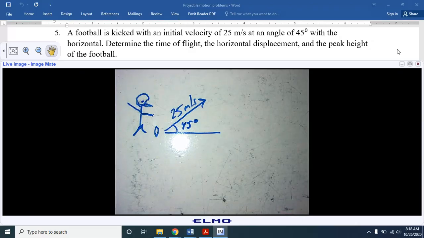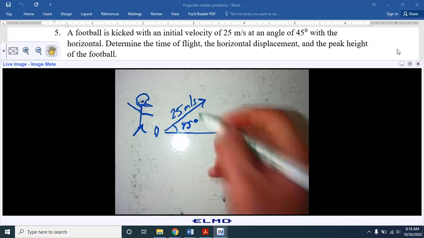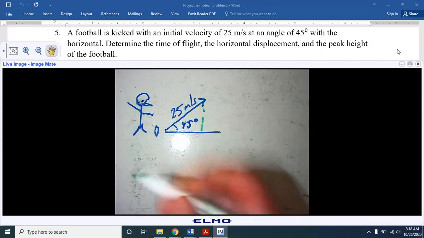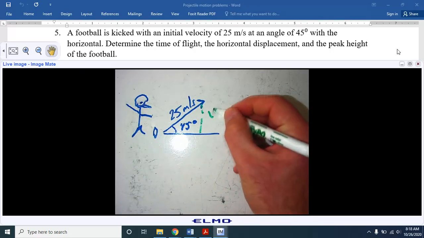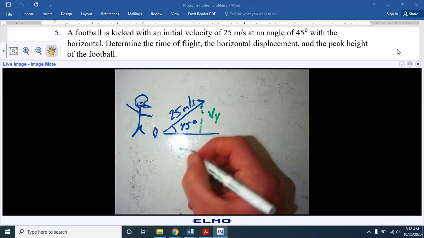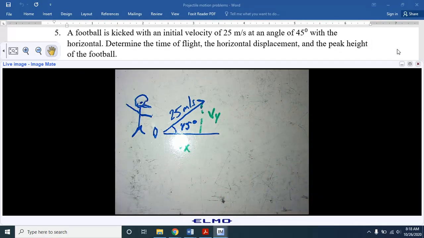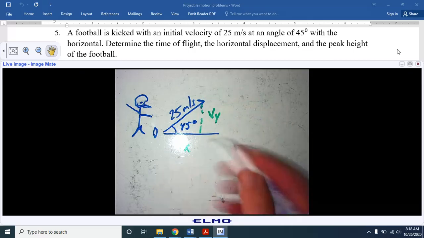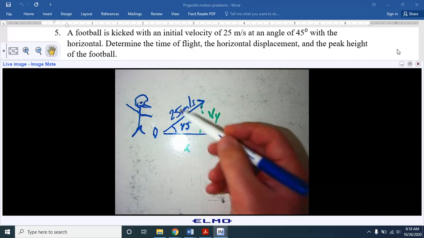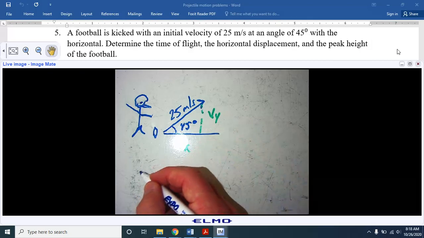So what we're going to do here is solve for Vy and Vx. This is something you guys have done before in our previous units. To get Vx, we know this is the adjacent side, and I've got a hypotenuse, so that must mean I'm using cosine.